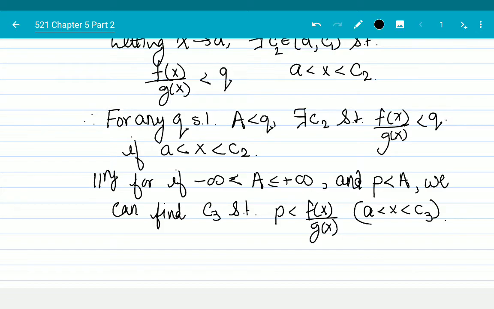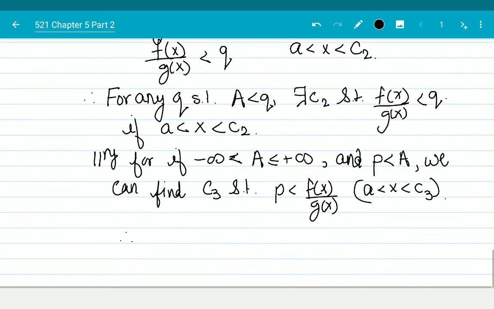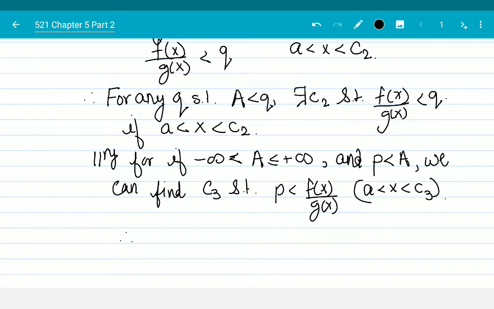Okay, and therefore, this is true for every p and every q satisfying these conditions. Therefore, limit as x approaches a of f of x over g of x is equal to a. Okay.